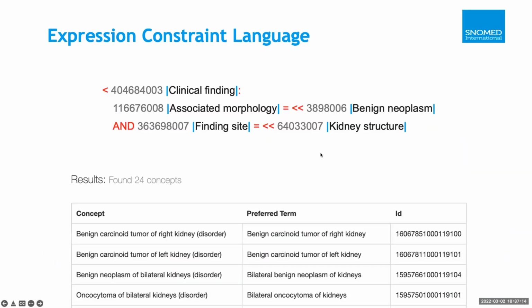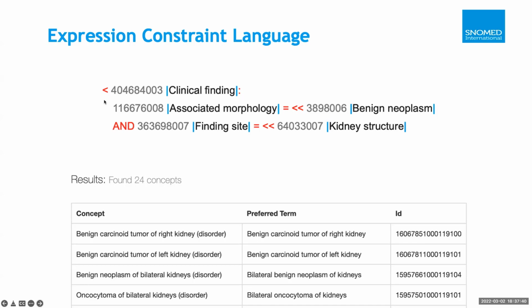We can define our query using the next technique, and that is to use expression constraints, or the expression constraint language, which is shortened ECL. ECL is a formal syntax that allows us to query SNOMED CT to find a matching set of concepts or expressions. It uses a single less than sign, as you have it here, to represent subtypes or descendants of a concept.